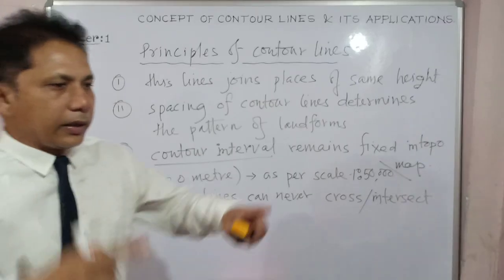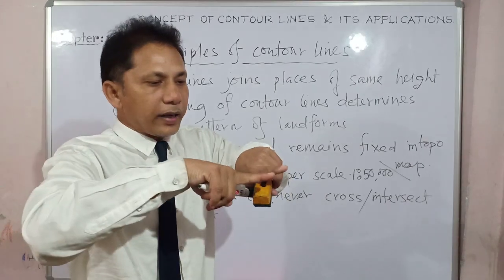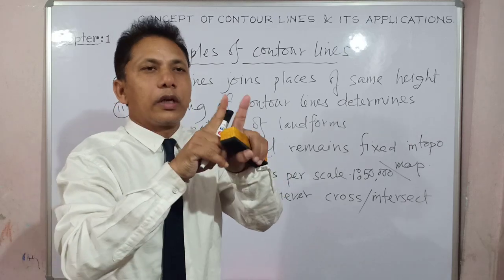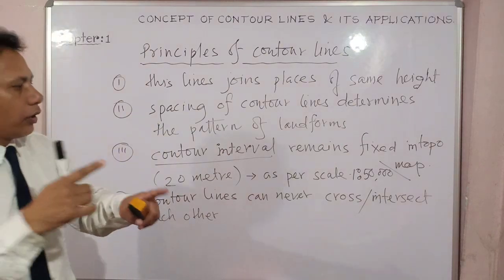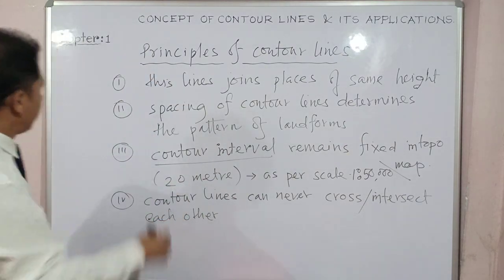These contour lines cannot go like this. They can go parallel or close to each other. Two contours can go close to each other, but they will not go crisscross like this.